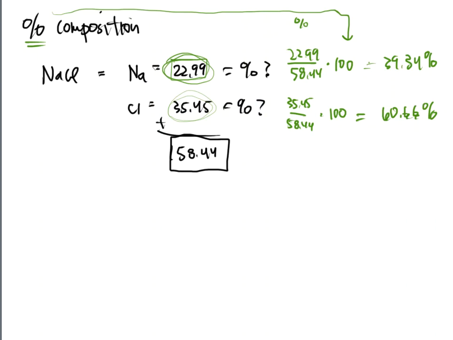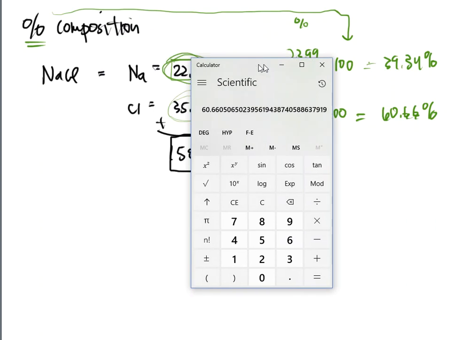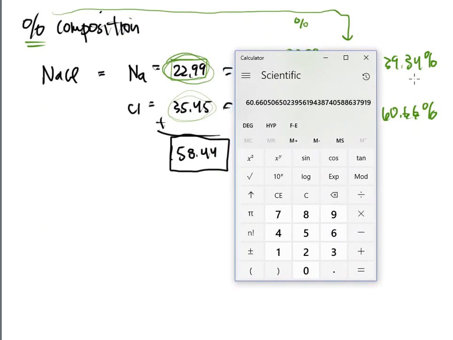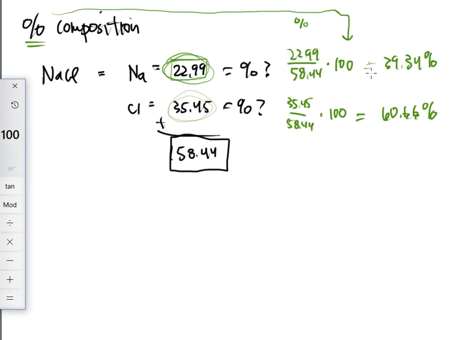Now, something that I want to say over here to the side. Once you get these percent compositions for each of the atoms that make up the compound, add them all up, right? Just double check yourself. 39.34 plus 60.66 equals 100. If you get close to 100, like 99.9 or 100.1, then this probably means that you did the percent composition correct, because these are the only two things that make the compound up.